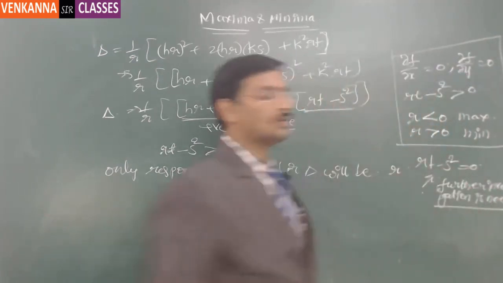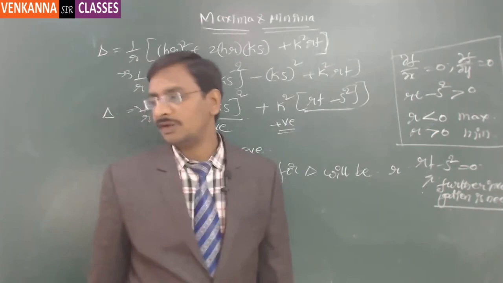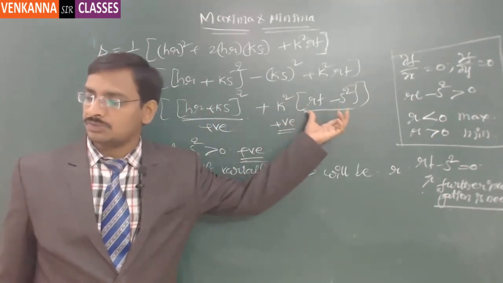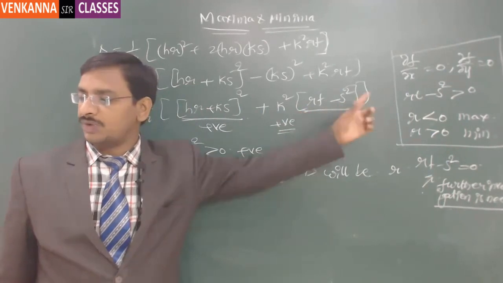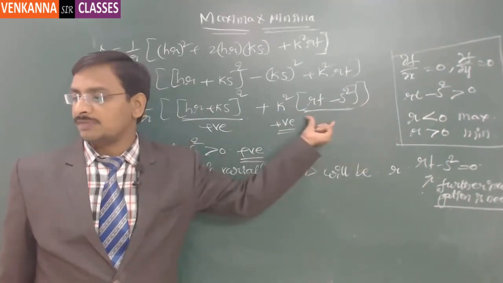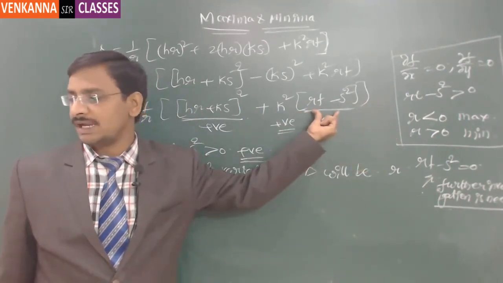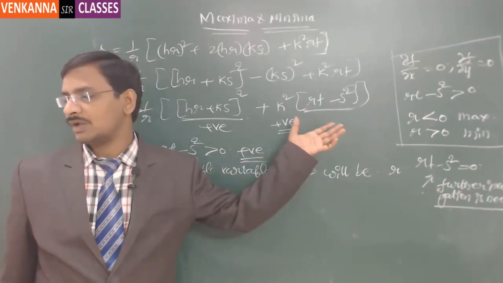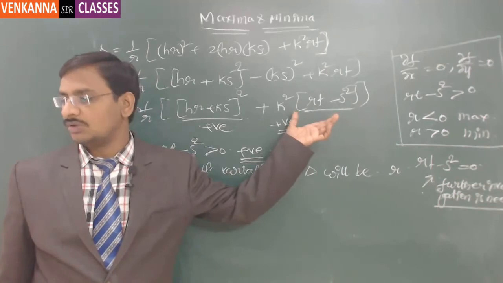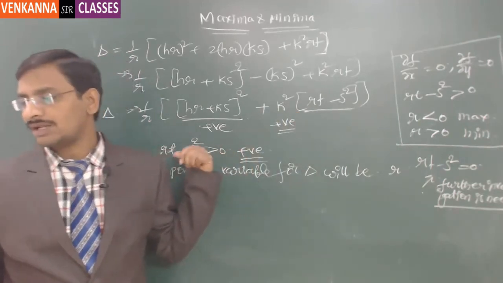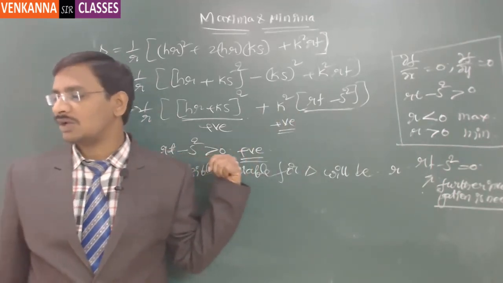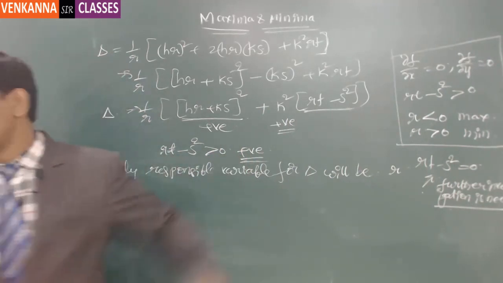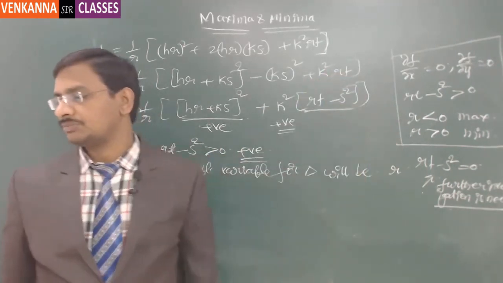Because actually we cannot assure whether it is a maximum value or minimum value, because we treated RT minus S square as positive, and based on this condition we have derived all the formulas. But if this is negative, anyway it is ruled out. If this is negative, we cannot say it's a maximum value or minimum value. But if it is equal to 0, then we have to further investigate whether you are going to get a maximum value or minimum value. Got it? You can note down this. So these are the conditions we have to assure.